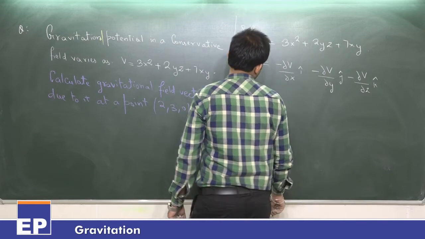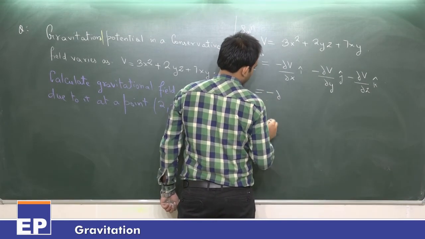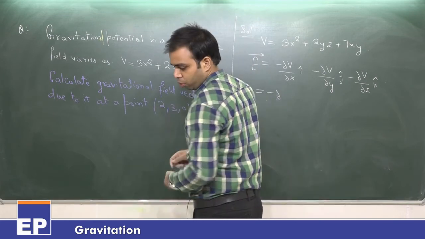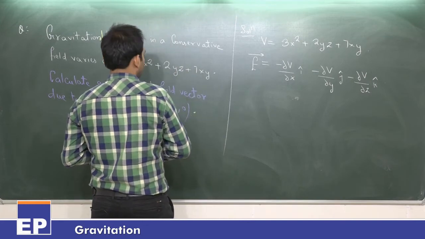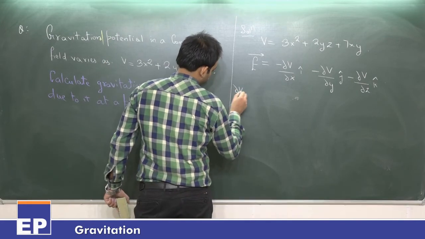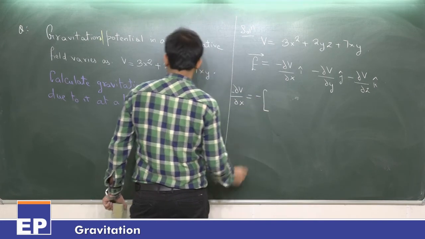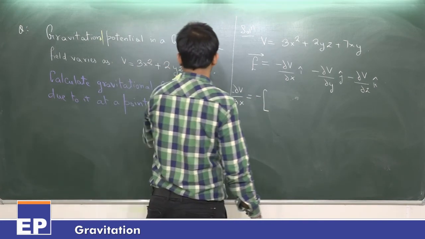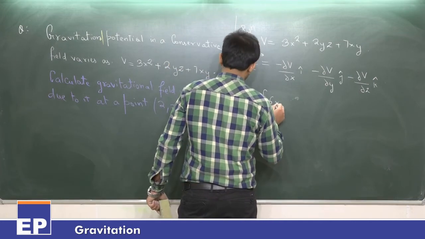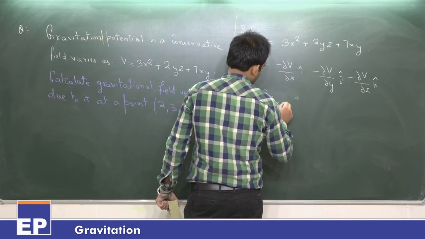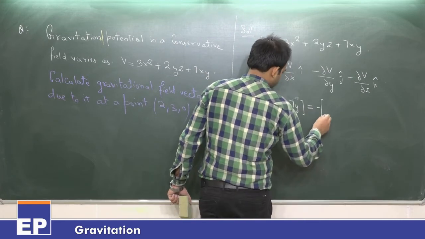What is minus del V by del x? Differentiate it with respect to x, keeping y and z constant. So del V by del x. Y and z is constant, so this is constant, it is 0. With respect to x, it will become 6x, and with respect to x, it will become 7y. That is minus of 6x plus 7y.